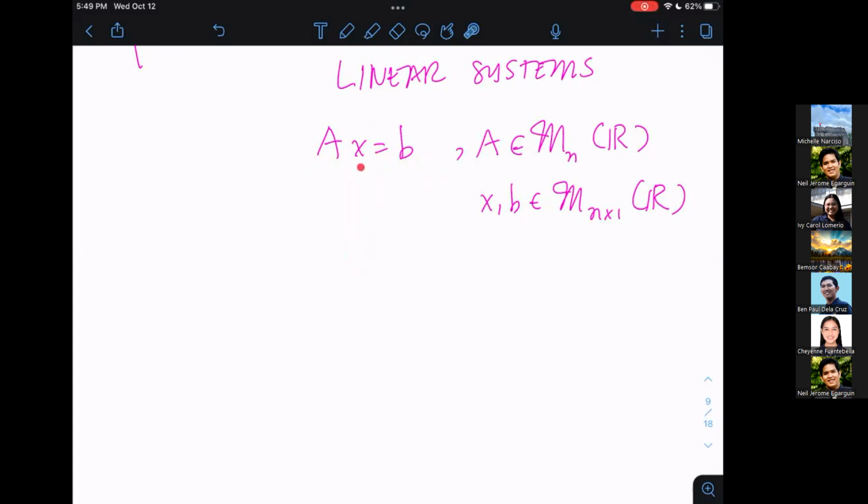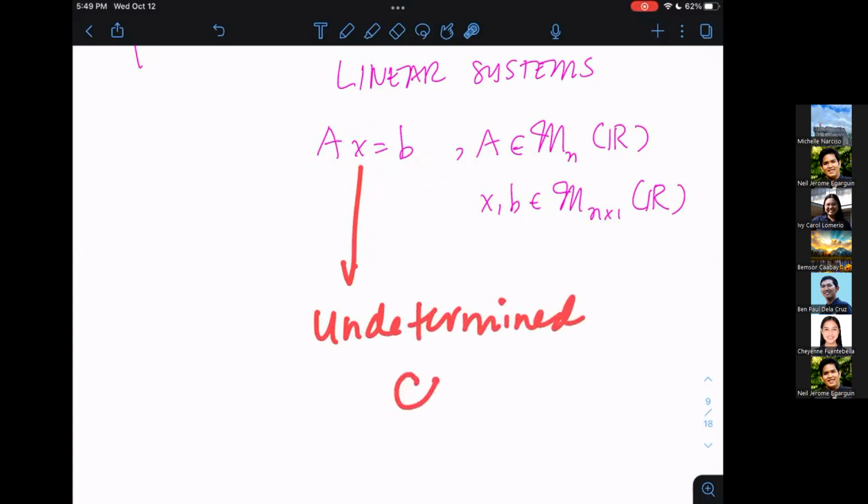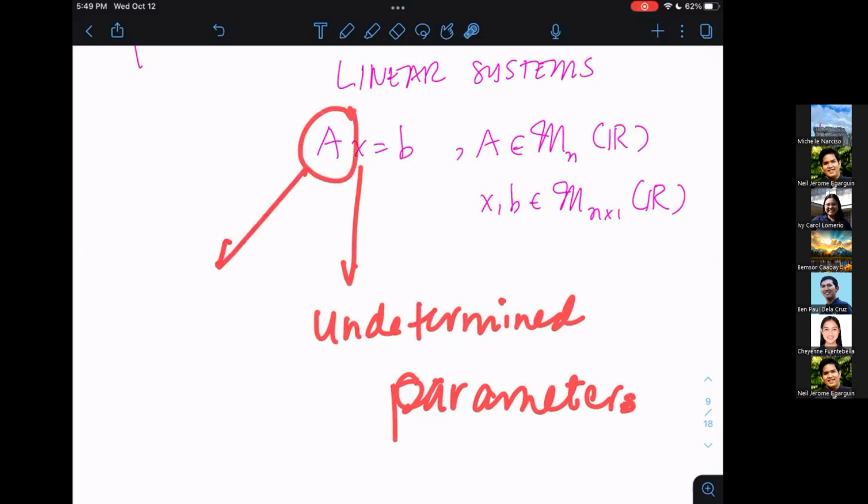So again, you can imagine X to be your undetermined coefficients dun sa model na gusto mong hanapin, parameters. Tapos yung relationship naman with the parameters and the supposed governing principle ay hindi naman nababago yon, right? So si A ay fixed matrix.